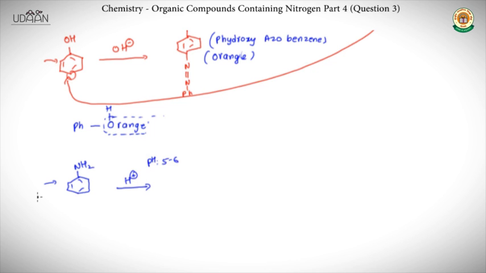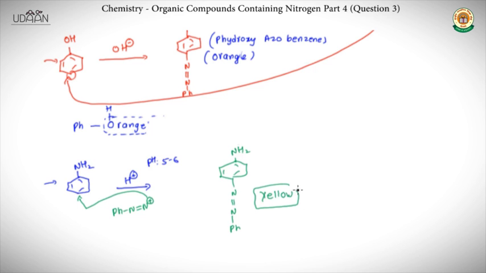Now under this condition, this electrophile where you have Ph and double bond N plus will give you the same para product where you have NH2 here and N double bond N Ph here. This is yellow in color, and remember here you are using acidic medium.